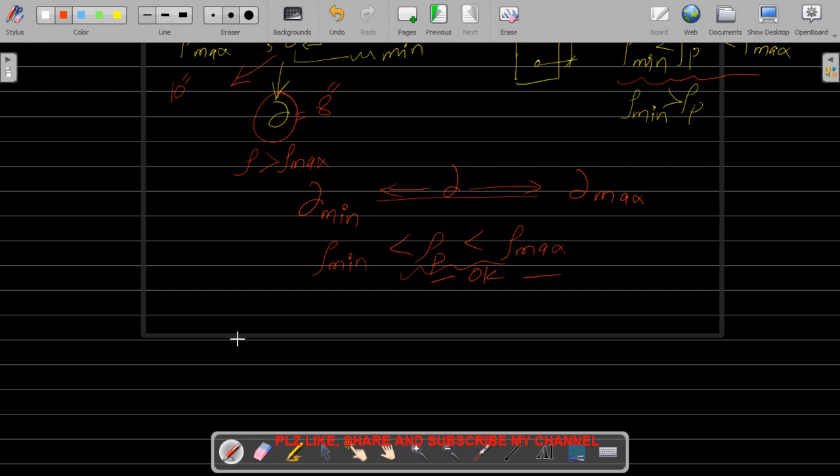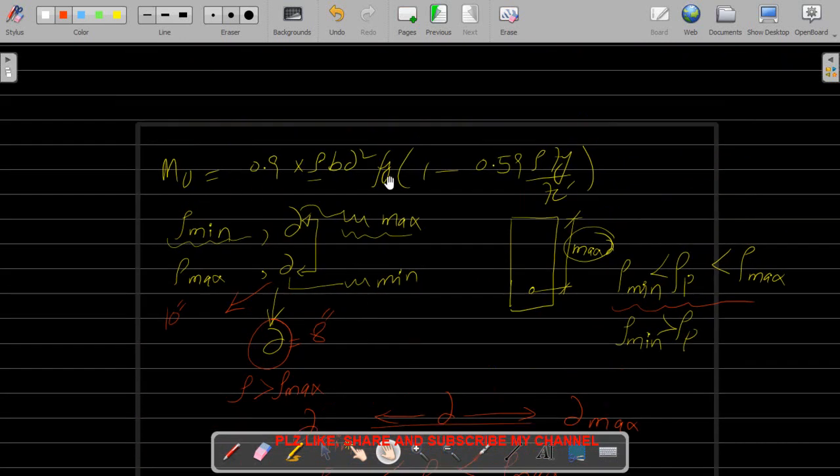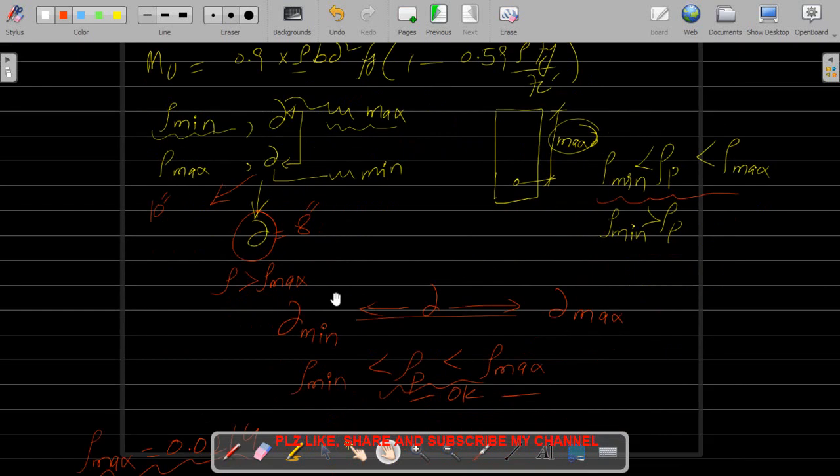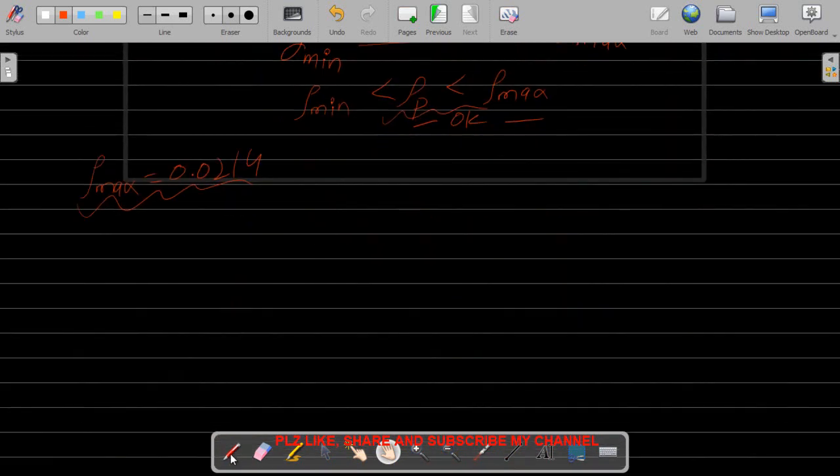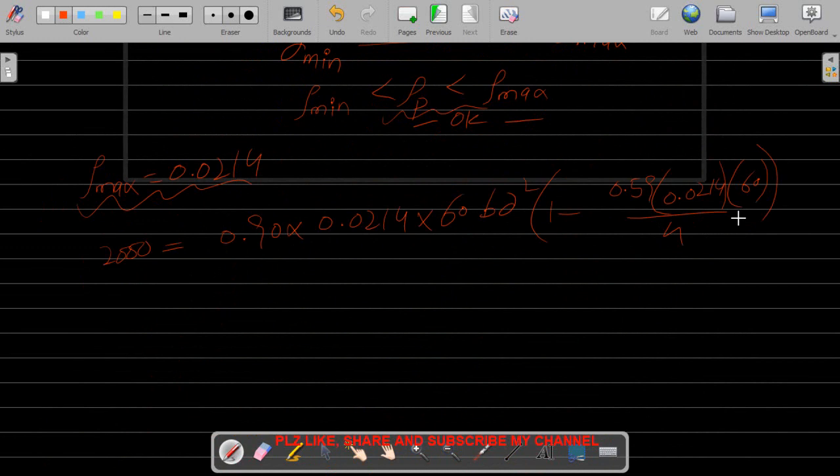So let's say we calculate the depth by using the rho max value, which is 0.0214. So we will use that above equation, this one, and we will find out the D value by supposing the B value divided by 4.